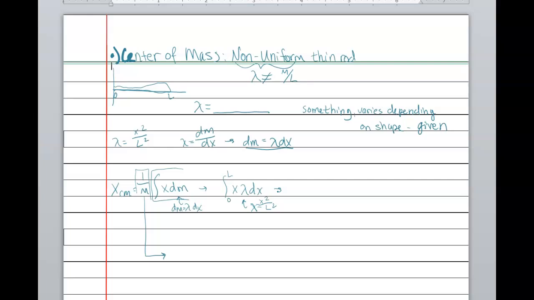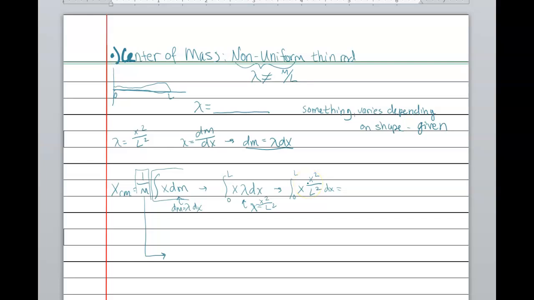So now we have some math to do. Let's see. So this is essentially x cubed over L squared, because we have an x times an x squared.